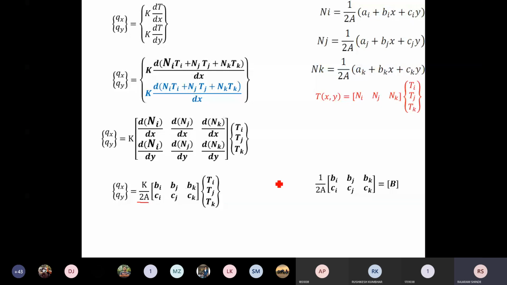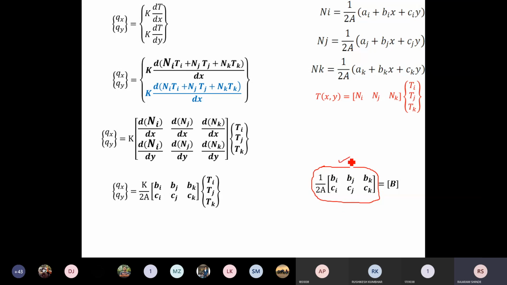Now after that, already I have told you, differentiation of the shape functions is known as B matrix. That means this matrix is B matrix, and this B matrix will change from element to element, from discipline to discipline. Here for a thermal two-dimensional linear element, this is the B matrix.